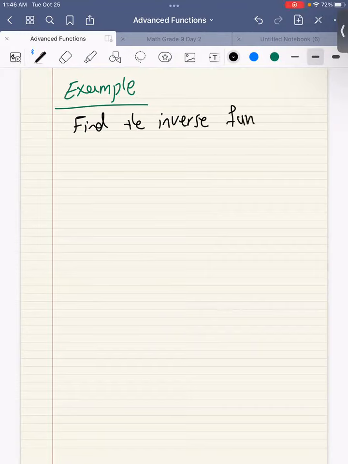So for example, find the inverse function for, imagine f of x is equal to x plus 1 over x minus 1.